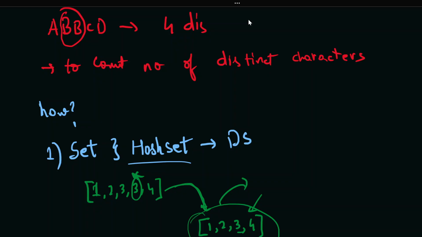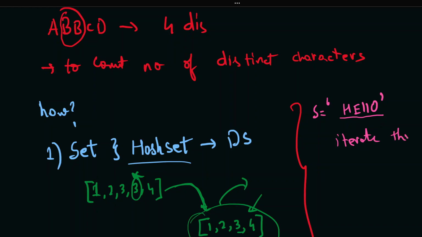So how can we convert this logic or this functionality into our code? So what we'll do is, suppose we have a string s equal to, say, hello. What we are going to do is iterate through the string, and then for every character, we are going to place it in a hash set.